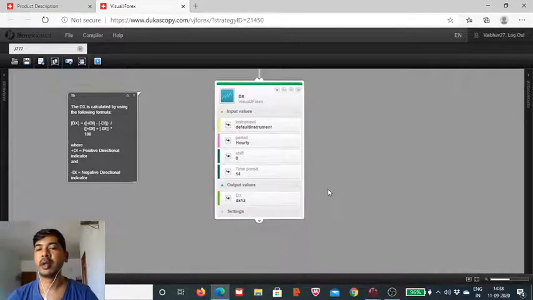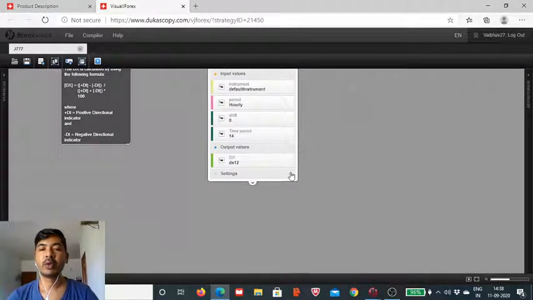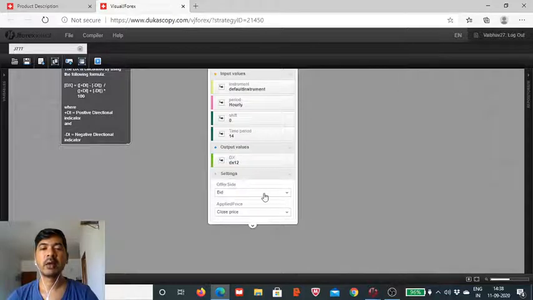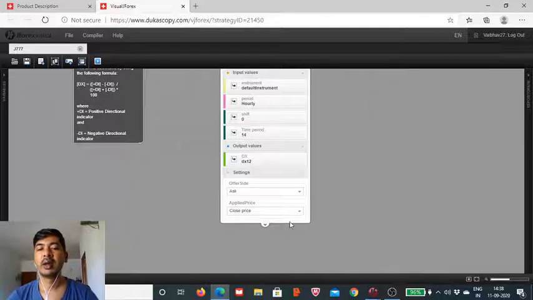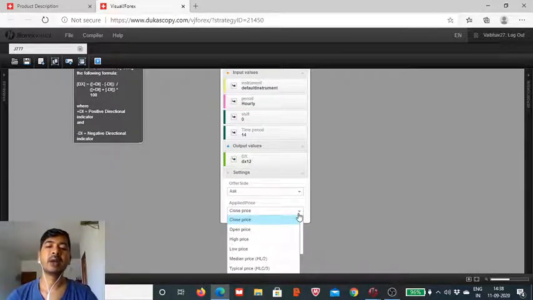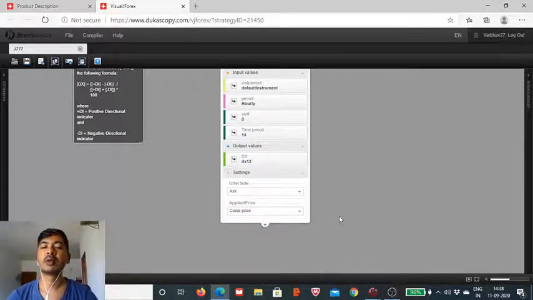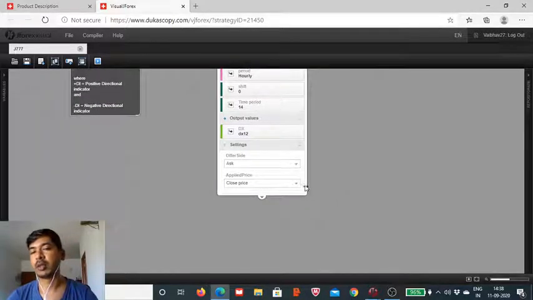which will then determine the course of our trading system. Coming to the settings, the value for calculation of the DX can be on either side, bid or ask. So depending on what side you prefer, you can take the offer side. Applied price is the price of the candlestick which is going to be used for the calculation of this indicator.